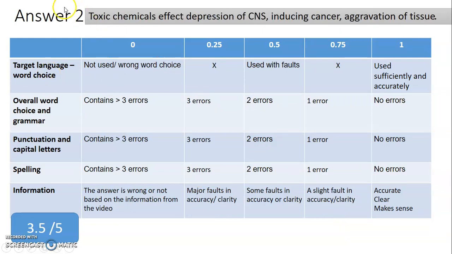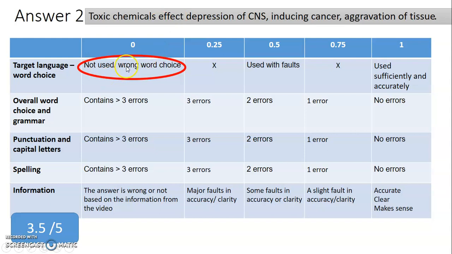Answer number 2, it's a bit better. I gave 3.5 out of 5. Toxic chemicals affect depression or sickness. There are some problems here with grammar. And also the target language is not used. I mean, it's used here. It's kind of attempted, yeah.